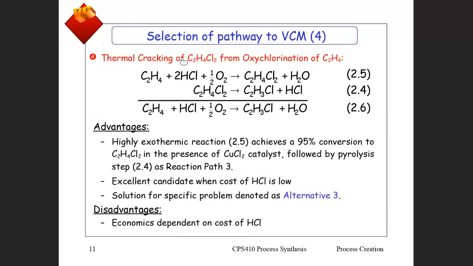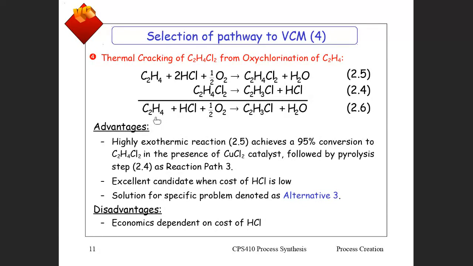Thermal cracking of dichloroethane from oxychlorination of ethylene. So here we take ethylene, 2 hydrogen chlorides plus some oxygen, and there we can make water. So we make dichloroethane and water, and then with that dichloroethane reaction we were talking about, we can make vinyl chloride monomer and HCl.